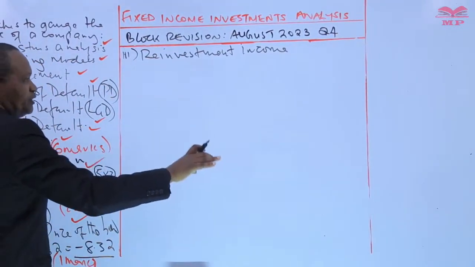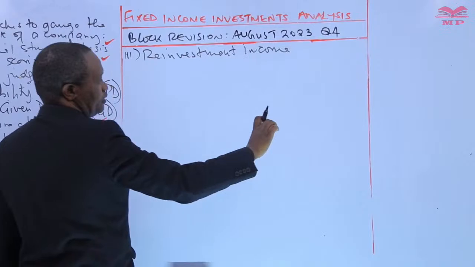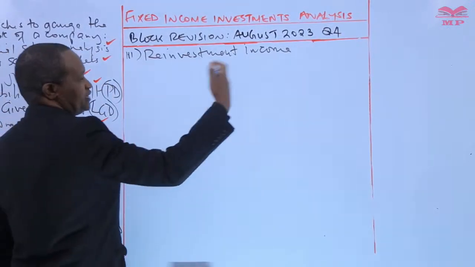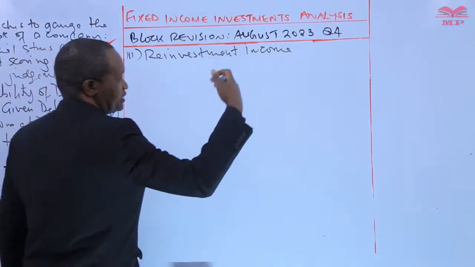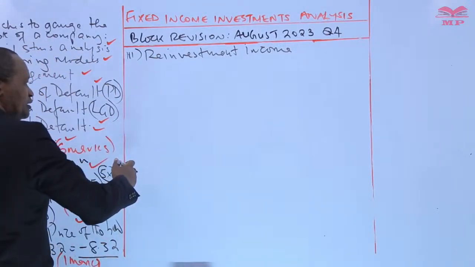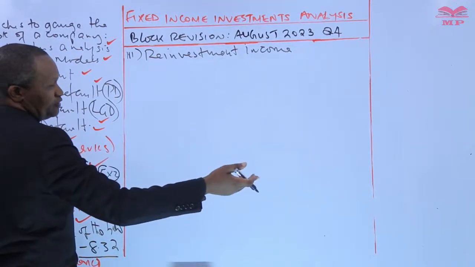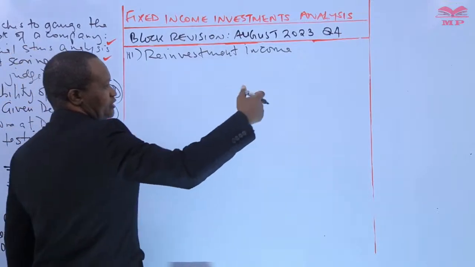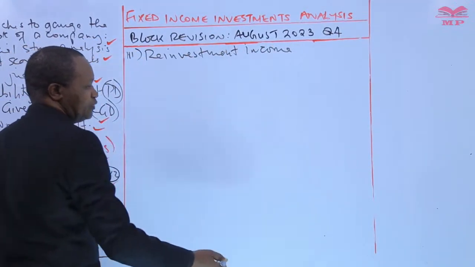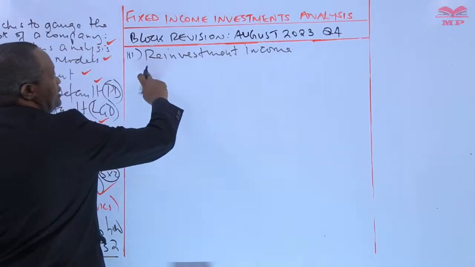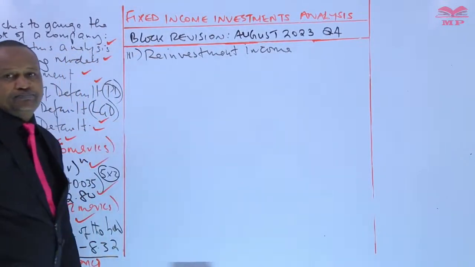At the end of period 1, we will receive the interest, then reinvest it. Then in period 2 it will be received, then reinvested. Period 3 we calculate the interest of 4.5, then we reinvest it. So we calculate at every period, then we get the total. That will be the reinvestment income.